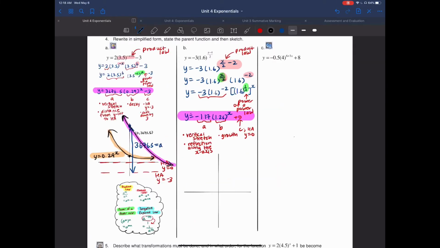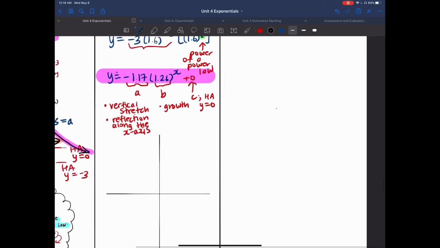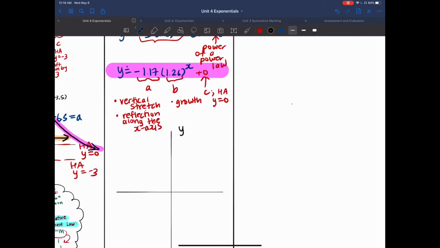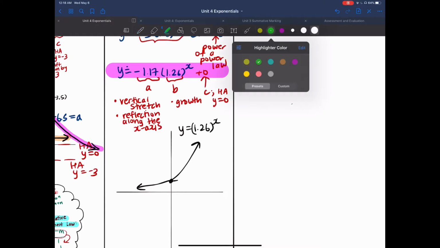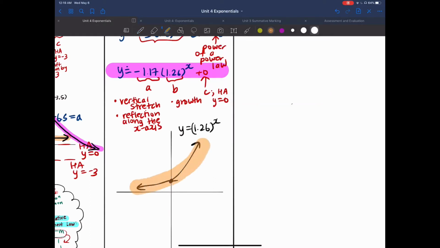Okay, so for my original parent graph, I'm going to have y equals 1.26 to the exponent x. Generally, it has a y-intercept of 1 because 1.26 to the exponent 0 is 1, and generally it's a growth. It's an exponential that is showing that there is a growth, and that is my parent function.